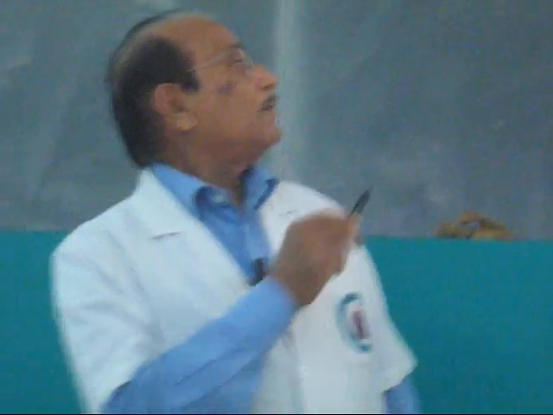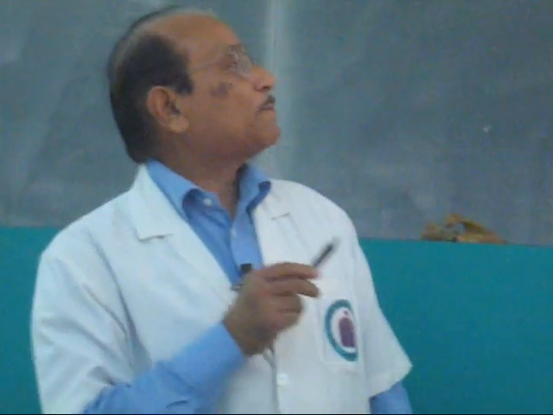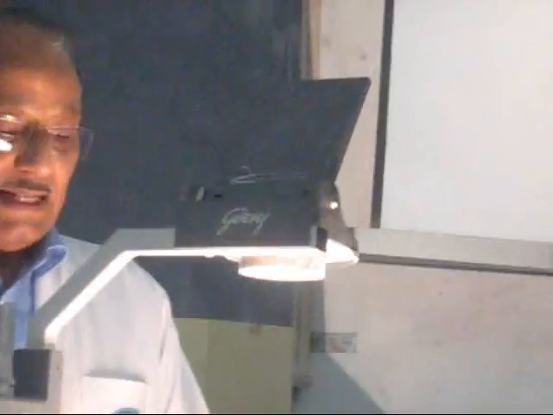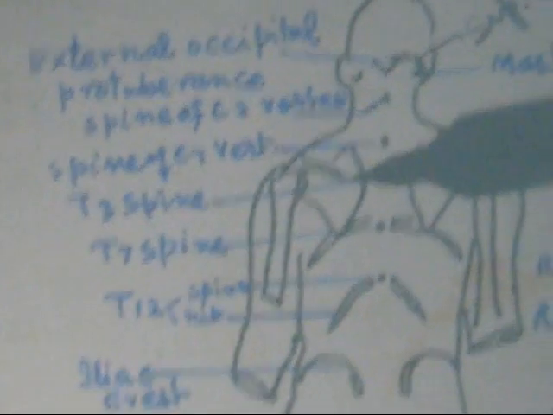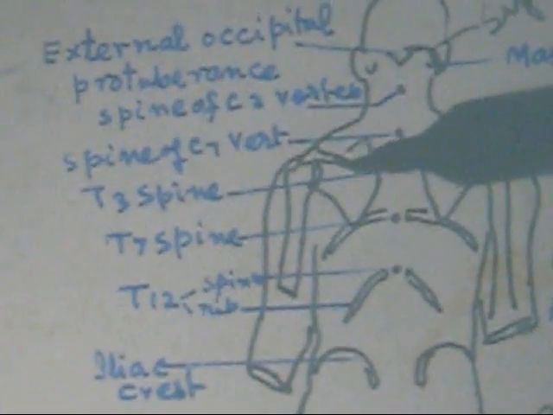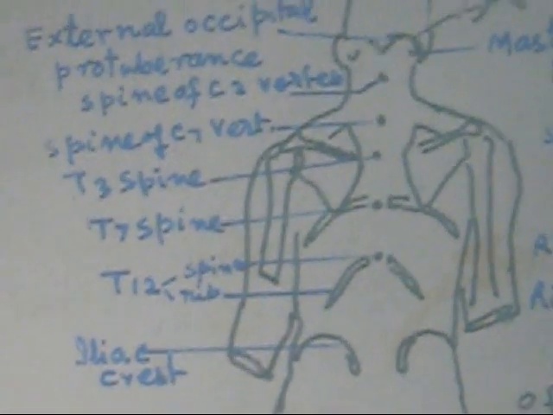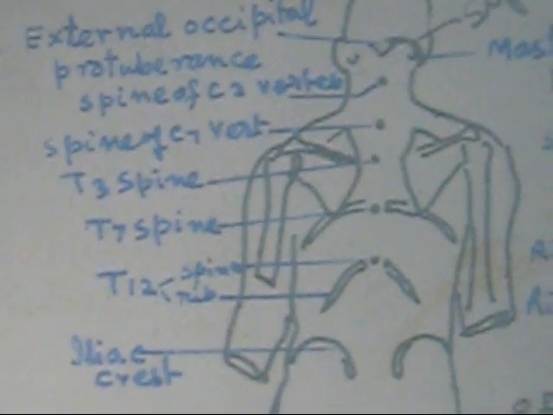Why has the third thoracic spine been specifically labeled? Because there is another bone seen on the back, the shoulder blade or the scapula. And the shoulder blade has a raised area which is called the spine of the scapula.